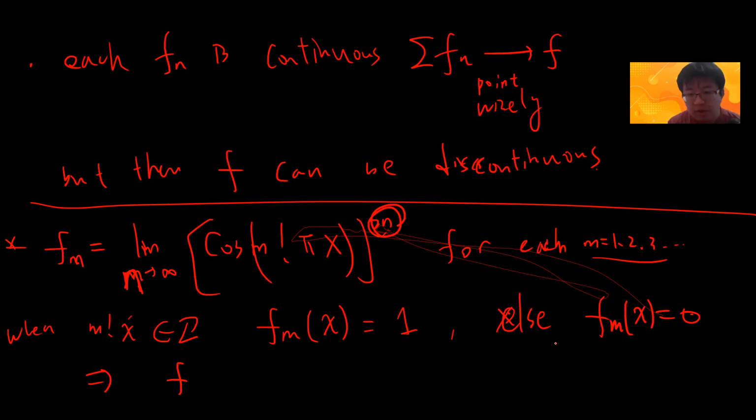So for other values it becomes 0. Okay, so let's define f(x) to be the limit as m goes to infinity of f_m(x). So this function looks very weird.